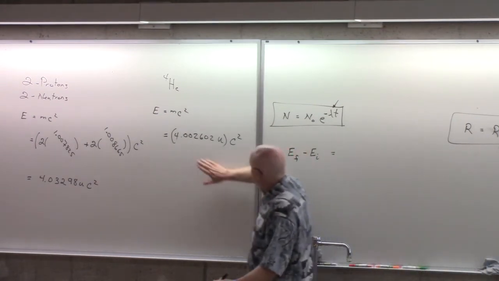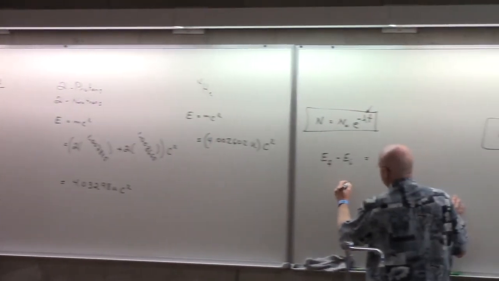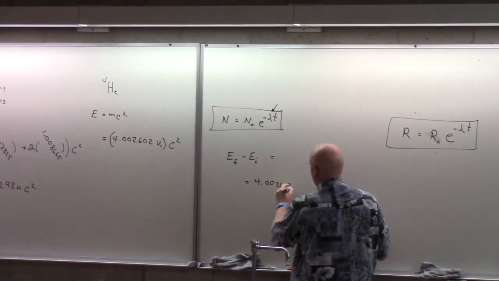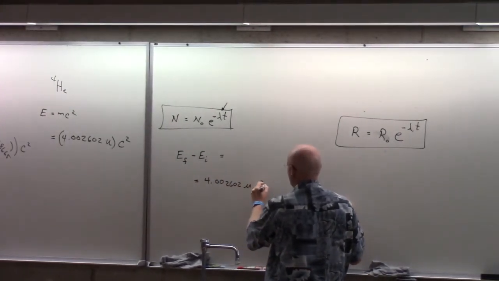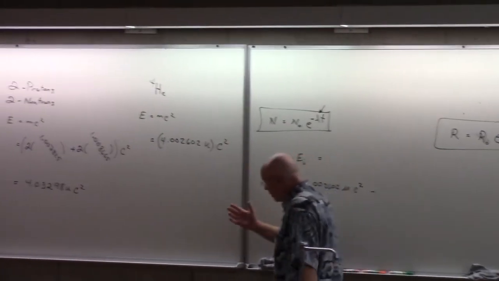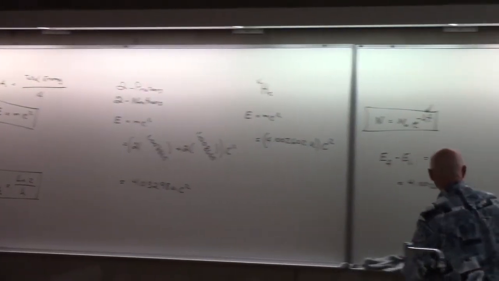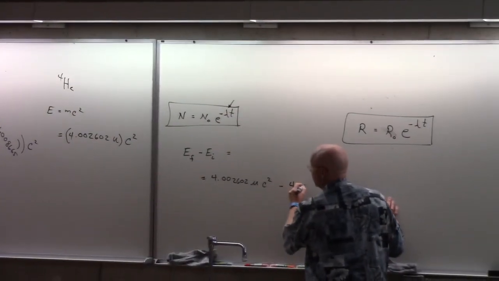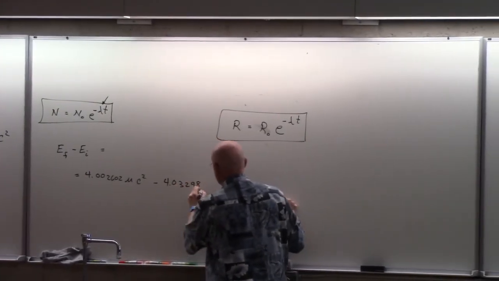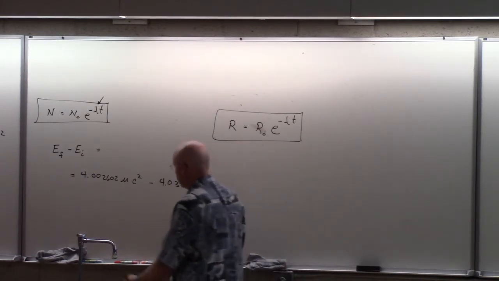So on the final, after they hook together, I would get 4.002602 atomic mass units times c squared. And then, of course, the mass energy that I started with is 4.03298 atomic mass units.